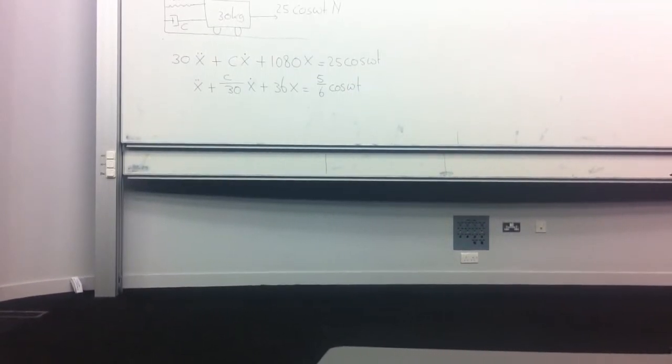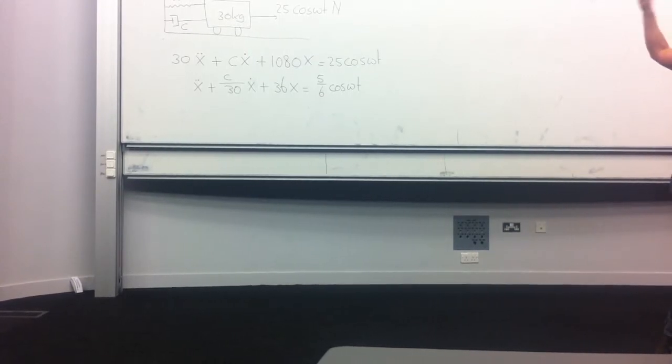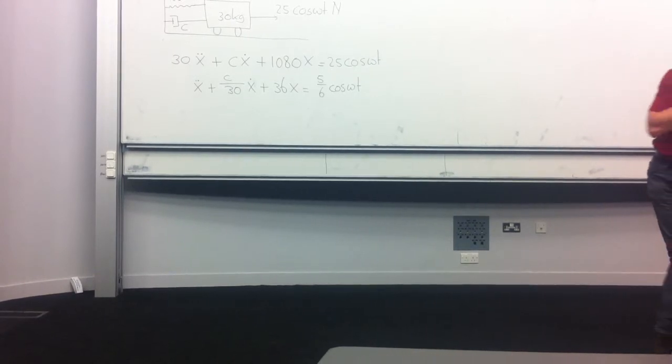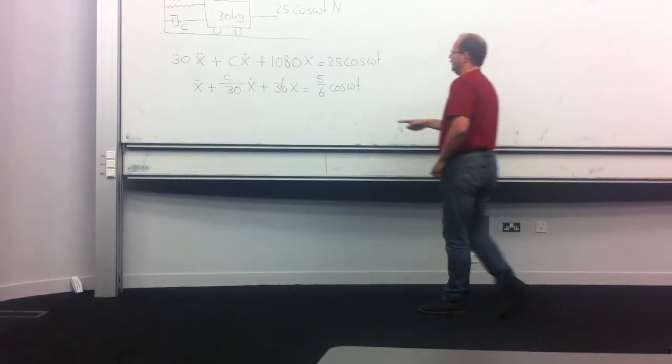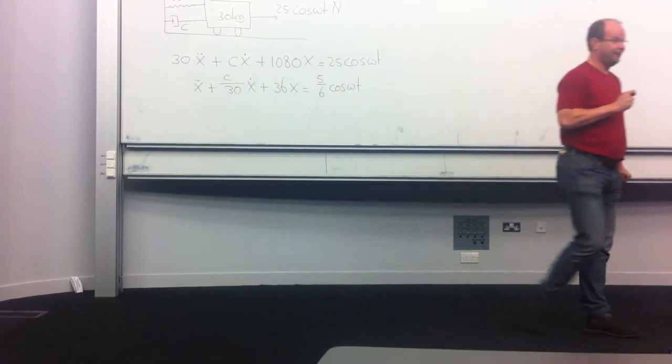Now straight away, one word of caution here. We're later on going to use the formula for A up there. But you have to remember that this formula is for a forcing equal to cos omega t. Here we have a forcing 5/6 times cos omega t.